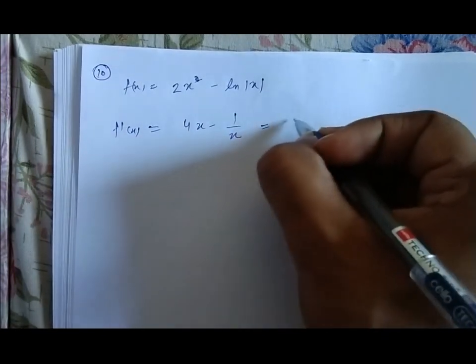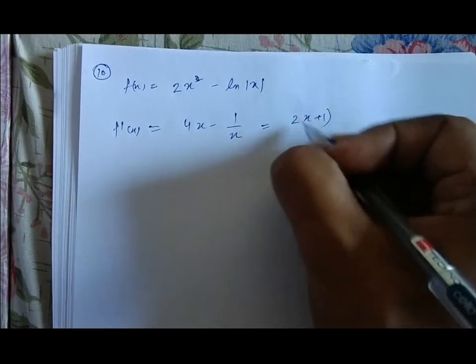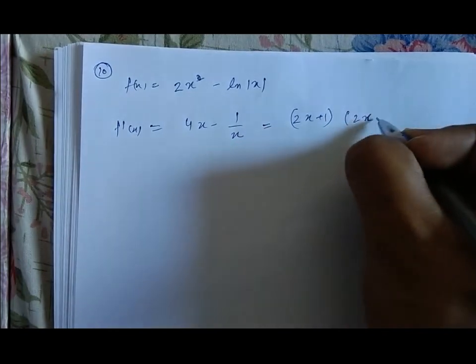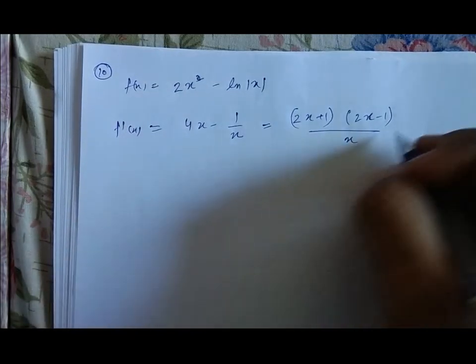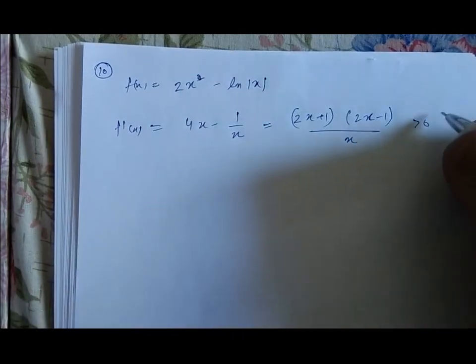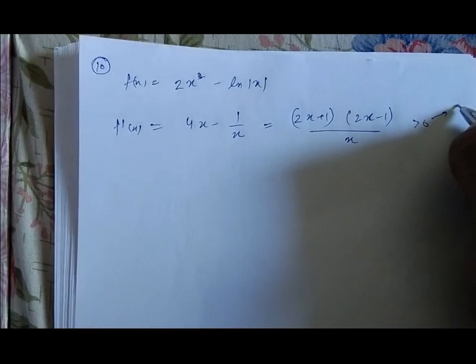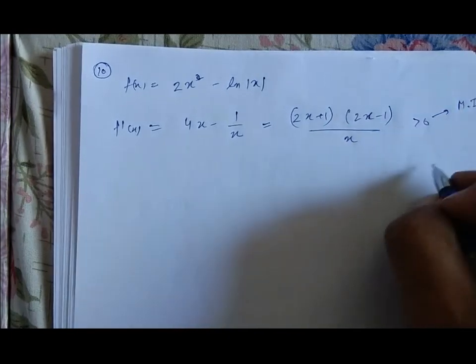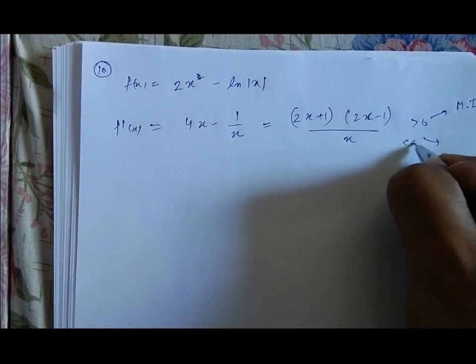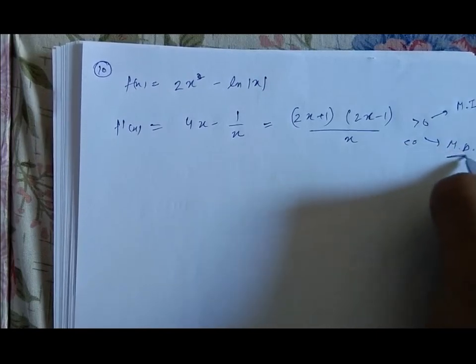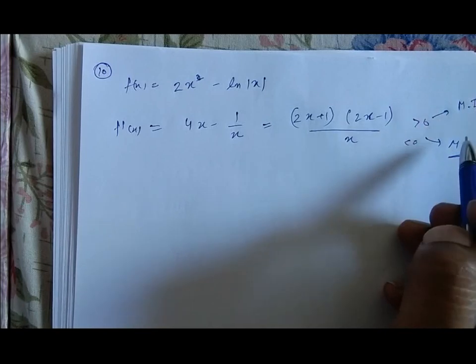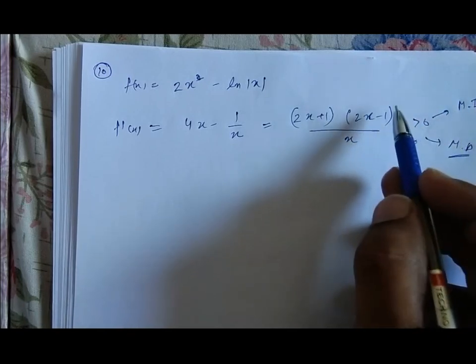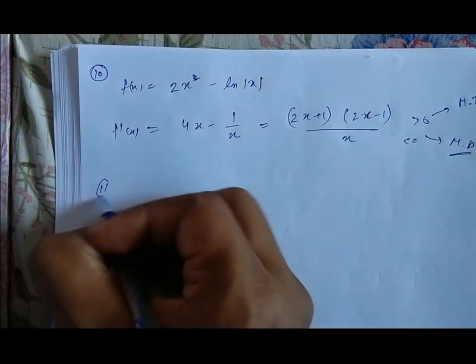Taking LCM, 2x plus 1, 2x minus 1 upon x. So if it is greater than 0, then it will be monotonically increasing. For less than 0, it will be monotonically decreasing. We can find out the intervals of x for its increasing and decreasing range by using Wavy curve method. Moving on to the next question, question number 11.